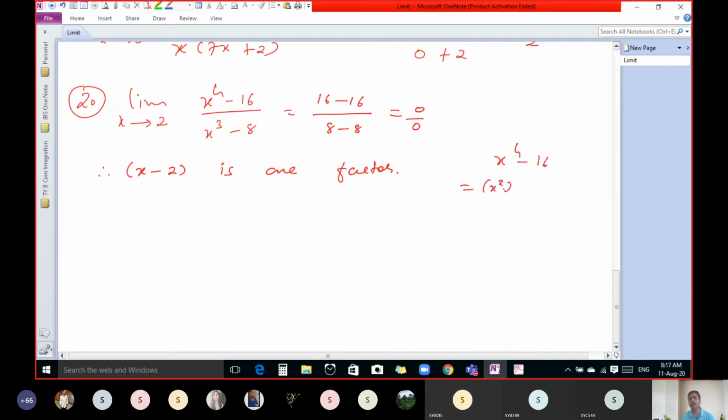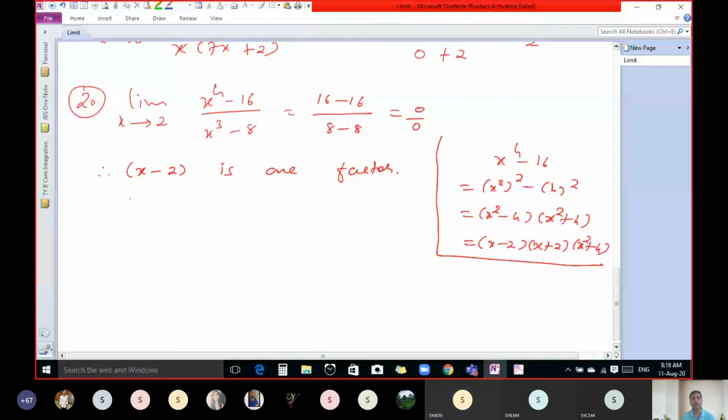You can write x square the whole square minus 4 the whole square. So you can write x square minus 4, x square plus 4. And here you can factorize x square minus 4 like x minus 2, x plus 2. And keep x square plus 4 as it is. So that is the factor of numerator.